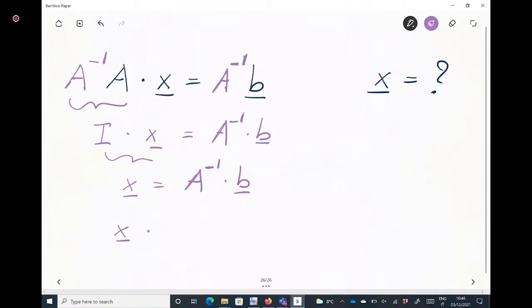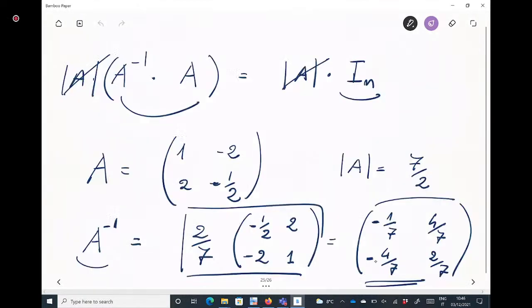We know that X, which is the values of the unknowns x1, x2, must be equal to A minus 1, which is this matrix. We can also write this in this way. It is much more interesting to work out matrices also in the case in which we leave the matrix expressed as the product with a scalar. You can use this or this.